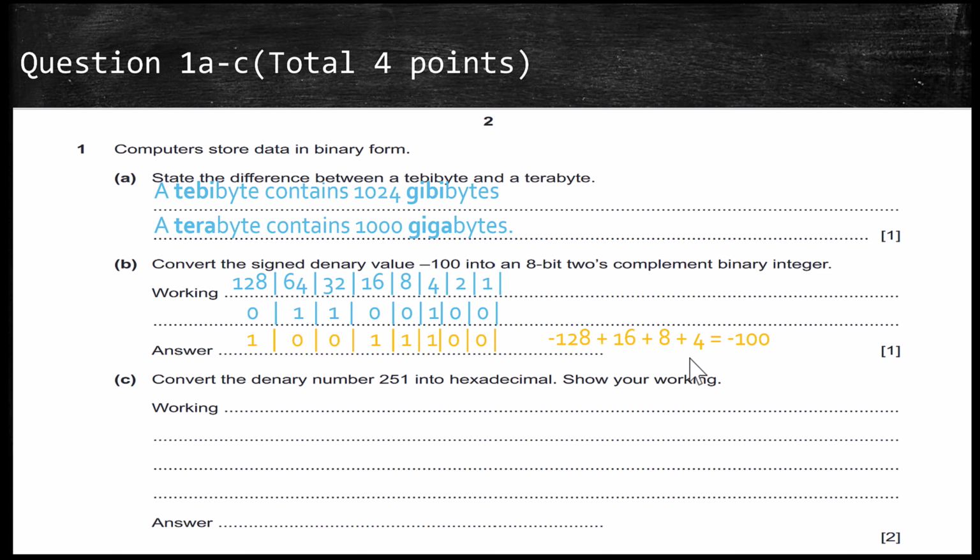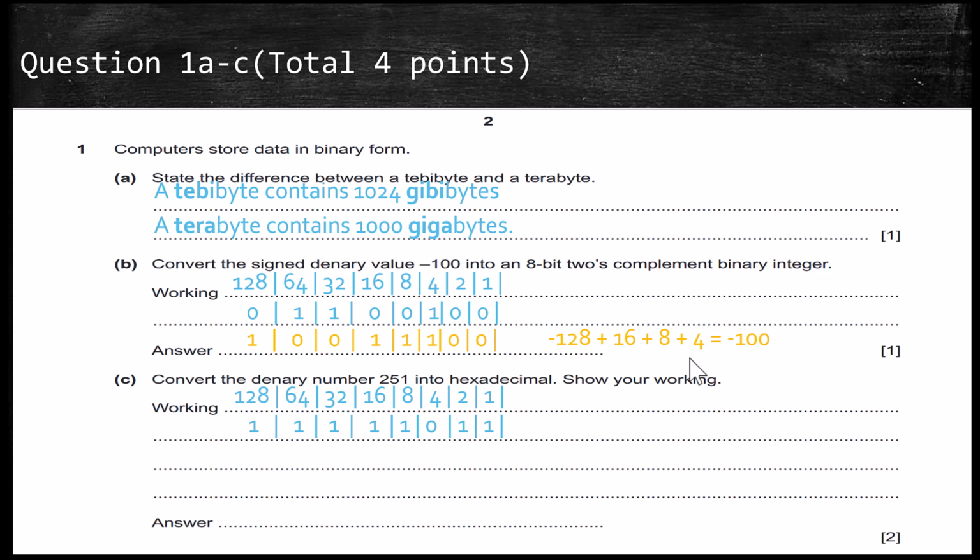You've been doing it since pre-AS. Then split into groups of 4. So I write out my numbers, showing my examiner I know what I'm doing. It also allows me, as I'm taking the exam, not to make a mental math mistake. So 128 plus 64 plus 32 plus 16 plus 8 plus 2 plus 1 will give me 251.